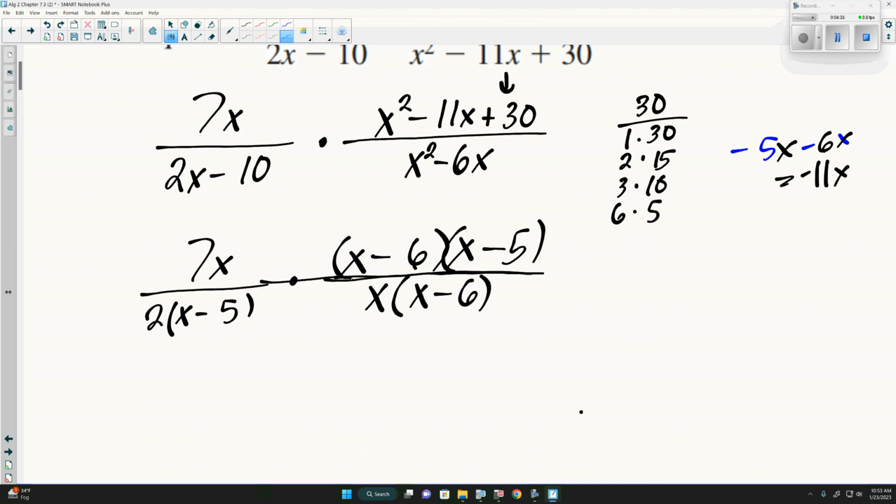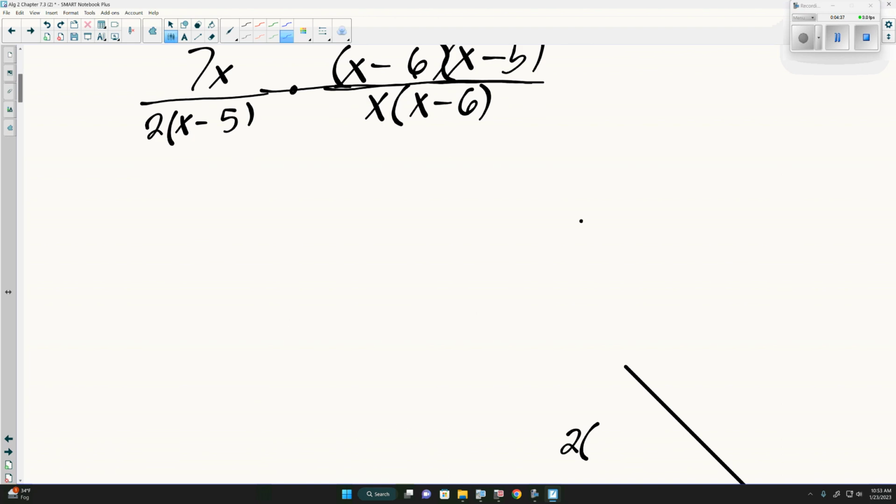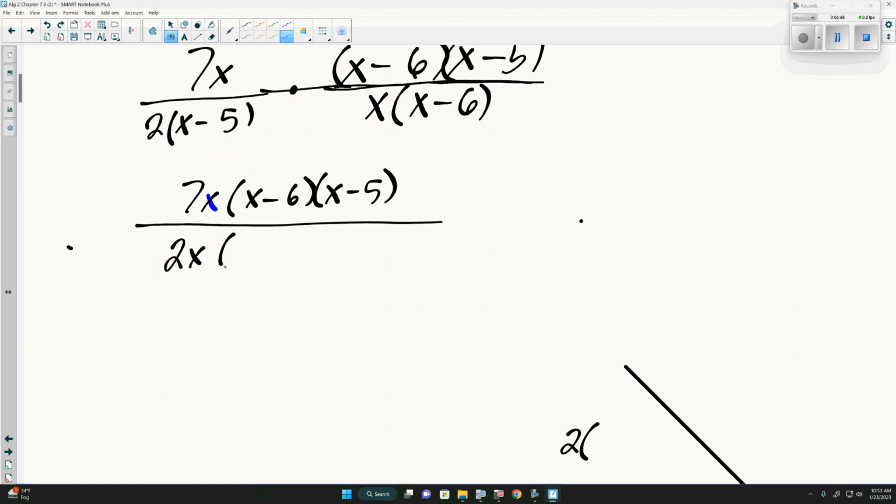Now, we can go on and connect the 2 and simplify this way, or we can rewrite it as 1. So we'd have 7x times x minus 6 times x minus 5 over 2 times x minus 5 times x minus 6.